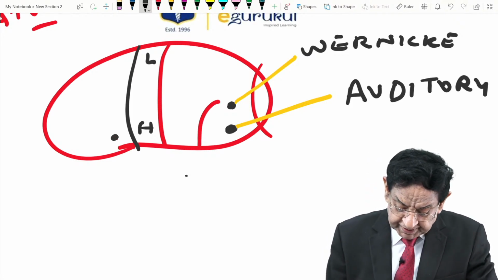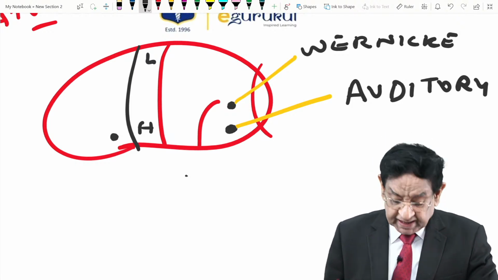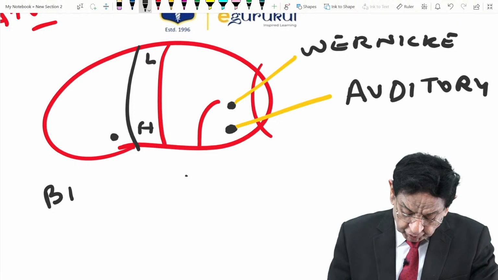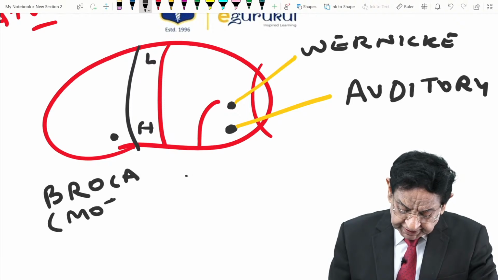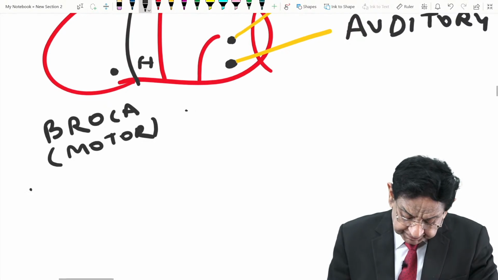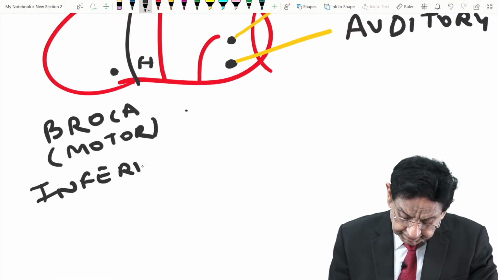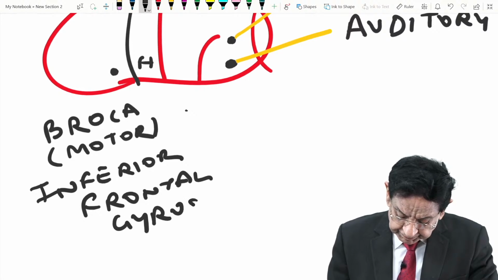Then in the inferior frontal gyrus, we have Broca's area. Broca's area is a motor speech area. It lies in the inferior frontal gyrus.